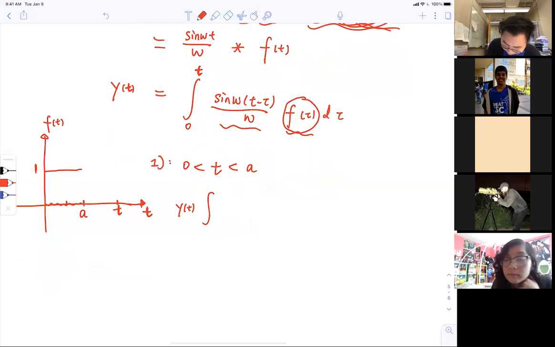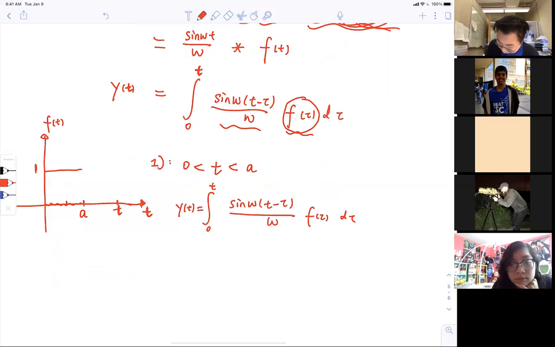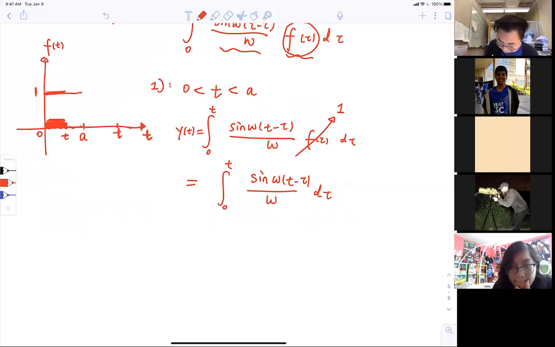Your y(t) is given by the integral from 0 to t of sine omega (t minus tau) divided by omega times f(tau) d tau. In this case f(tau) is 1 because t is here, so we really care about the integration from 0 to t, where f is 1. So it's the integral from 0 to t of sine omega (t minus tau) over omega d tau, and then just do the integral.